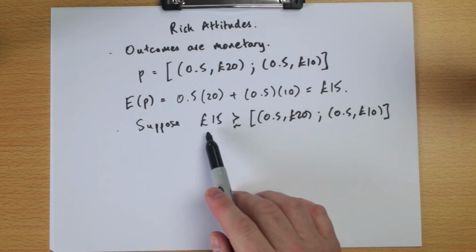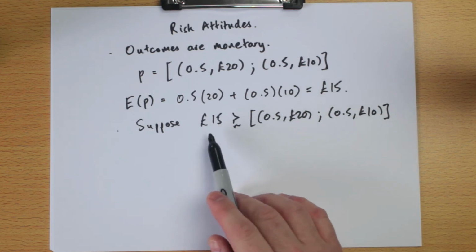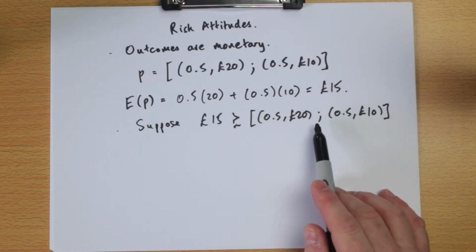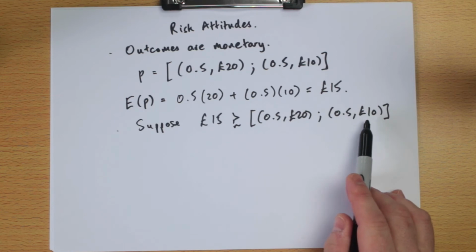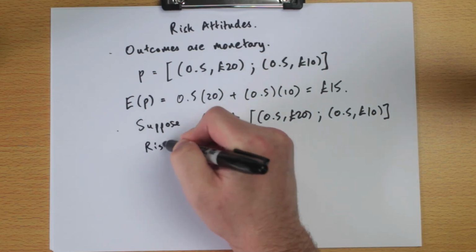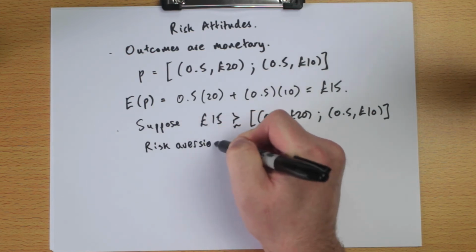But individuals tend to express this preference, and it's because this has some risk and this doesn't. That's the idea. This £15 is for certain. This you expect, on average, £15. You might get more, you might get less. So we call this risk aversion. Sometimes it's called weak risk aversion.